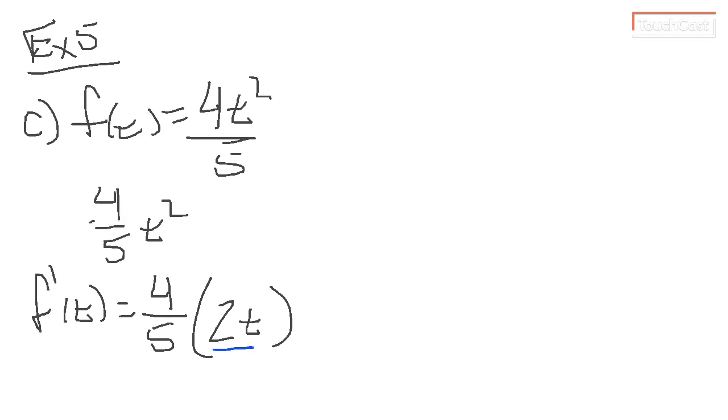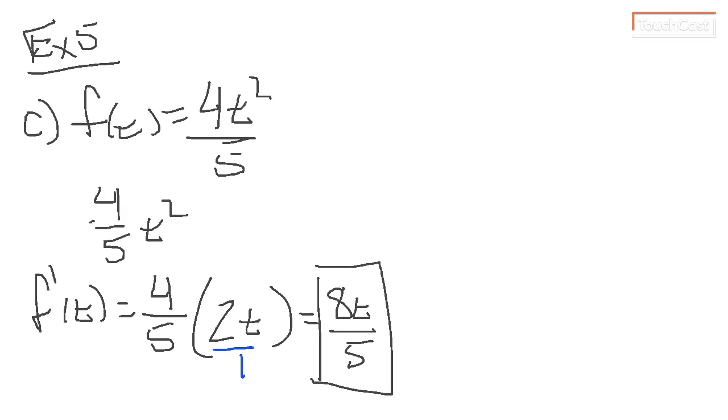We don't have to. If we do that, we'd go 4 times 2t, so we're going to get 8t in the numerator over 5 times 1 is 5. So the derivative of 4t squared over 5 is going to be 8t over 5. Let's get another one, 5d.